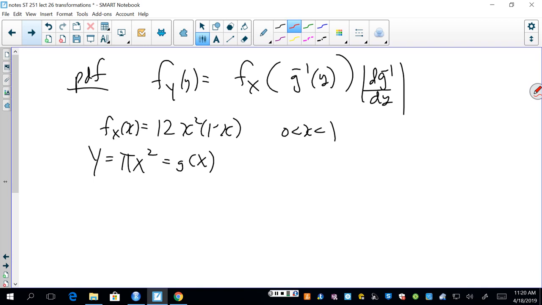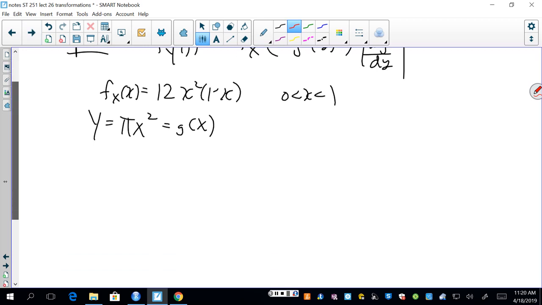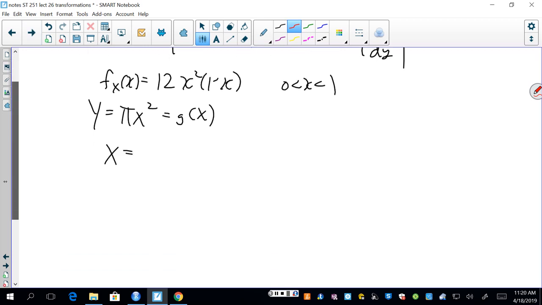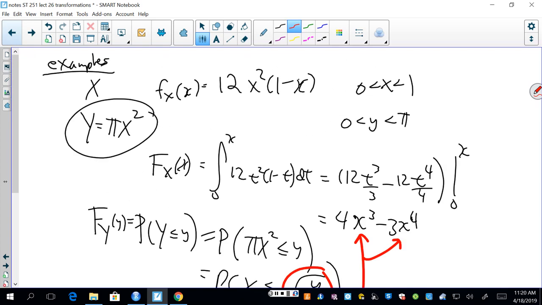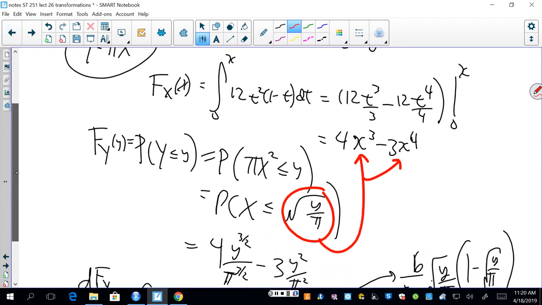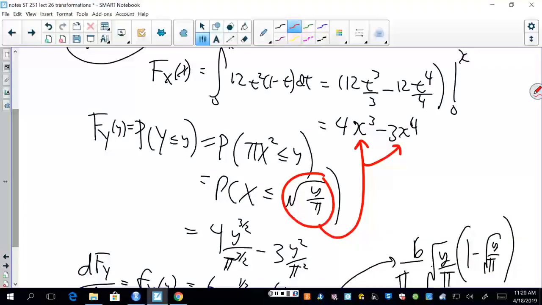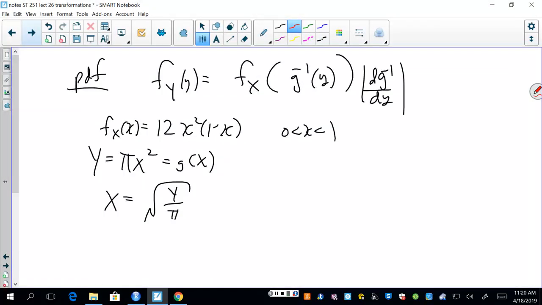So using densities, inverting, we solve for x. So x equals the square root of y over pi. We did that essentially in the CDF approach, and that's the same inverse as this one. But now we're going to take the derivative of that thing with respect to y.